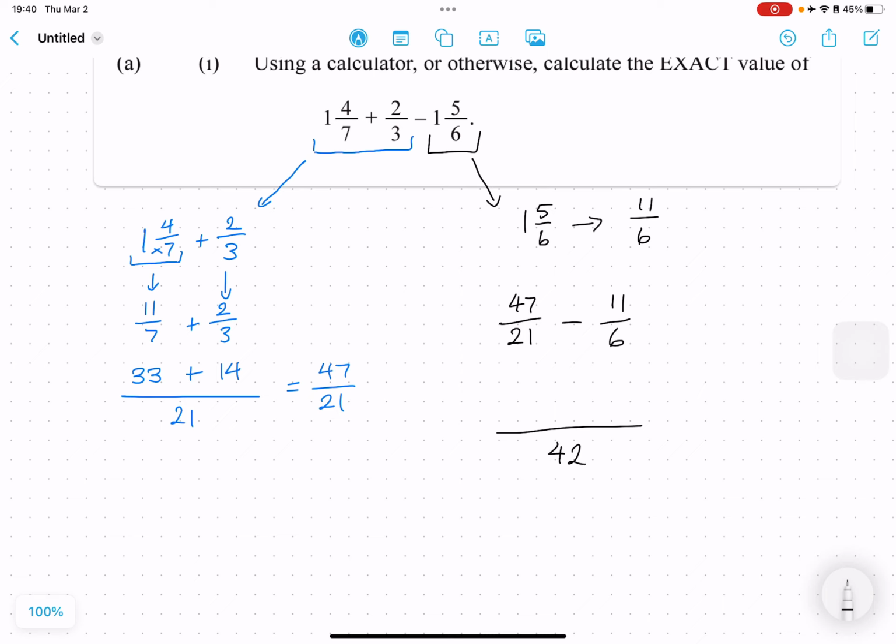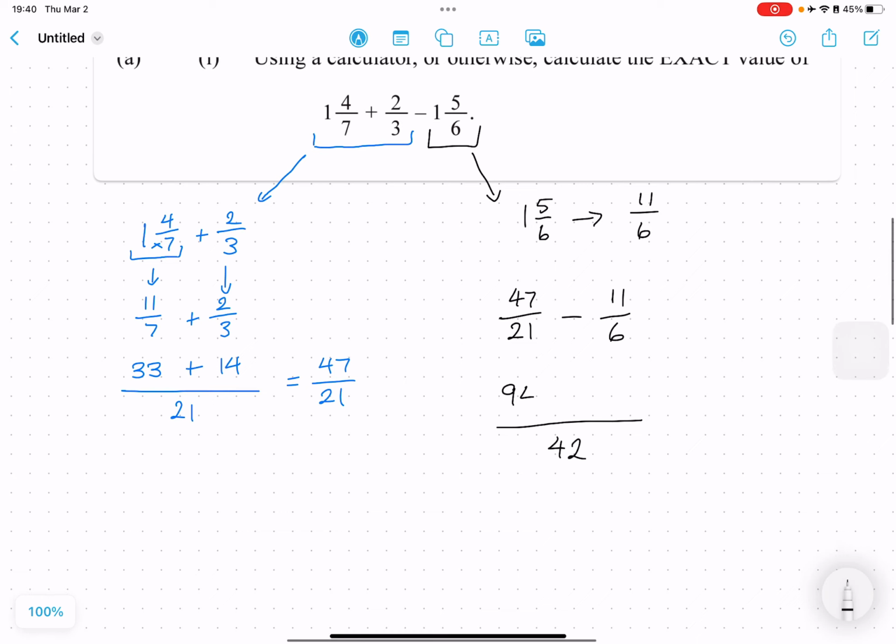So 21 into 42 is 2, and 2 multiplied by 47 happens to be 94. So 94 now minus 6 into 42, that happens to be 7, and 7 times 11 is 77.